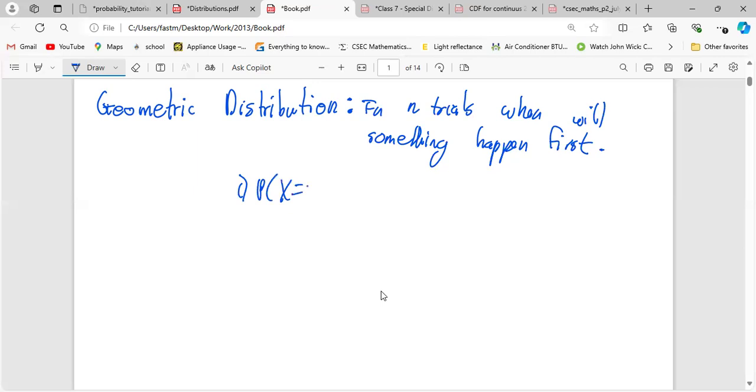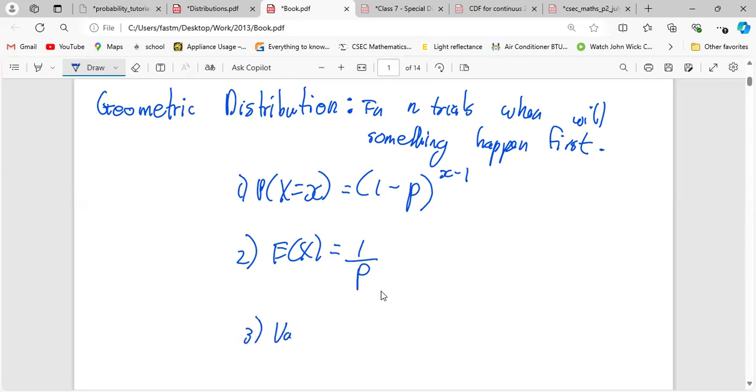Remember it's discrete, so P of X equal to x is 1 minus p to the power x minus 1. Then you have the expectation, which is 1 on p, which we should know already from the dice. And then the variance is 1 minus p on p squared. That is really all you need for geometric.